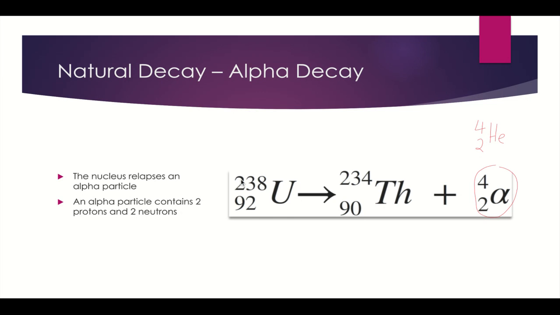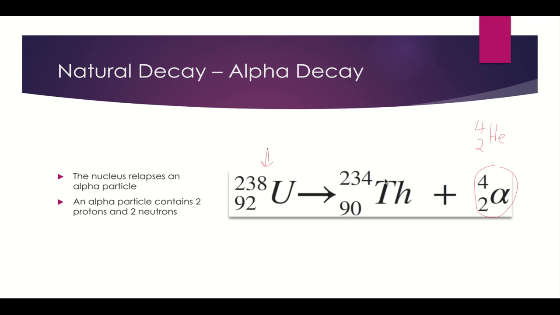So here is my radioactive isotope. Uranium-238 is my radioactive isotope. Okay, so this is my unstable nucleus here. Okay, it's got 92 protons and a mass of 238. And it's going to undergo alpha decay, meaning that an alpha particle is going to come out of this nucleus.